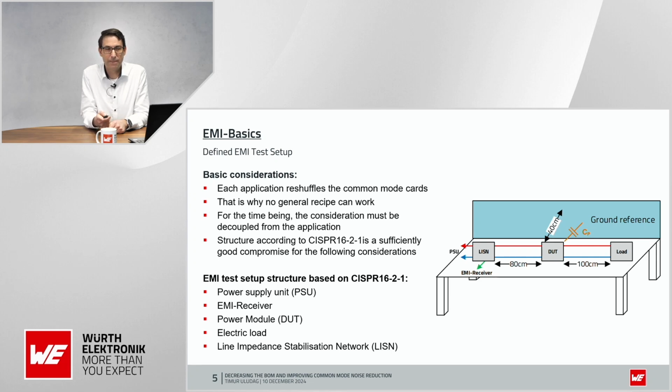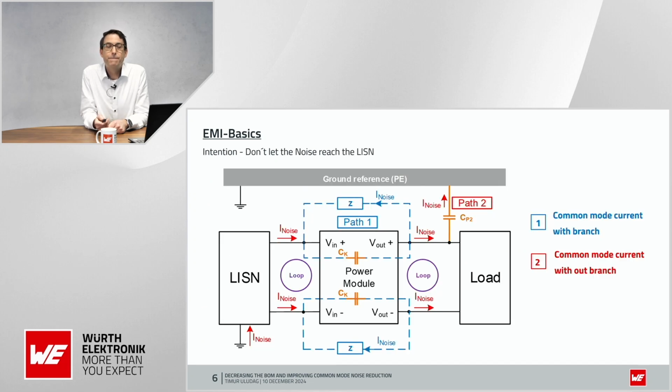The most elegant way to pass the EMI test in terms of common mode noise would be that the noise current is not reaching the LISN, so that we do not see anything in the graph.